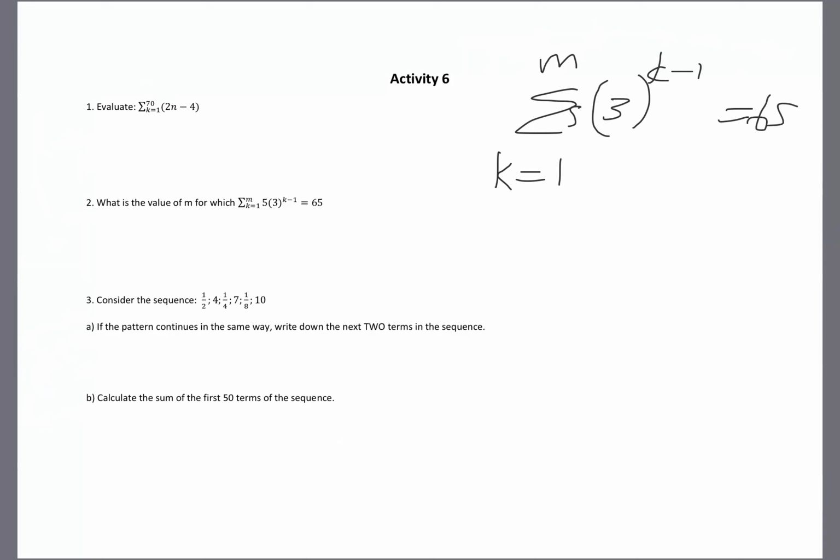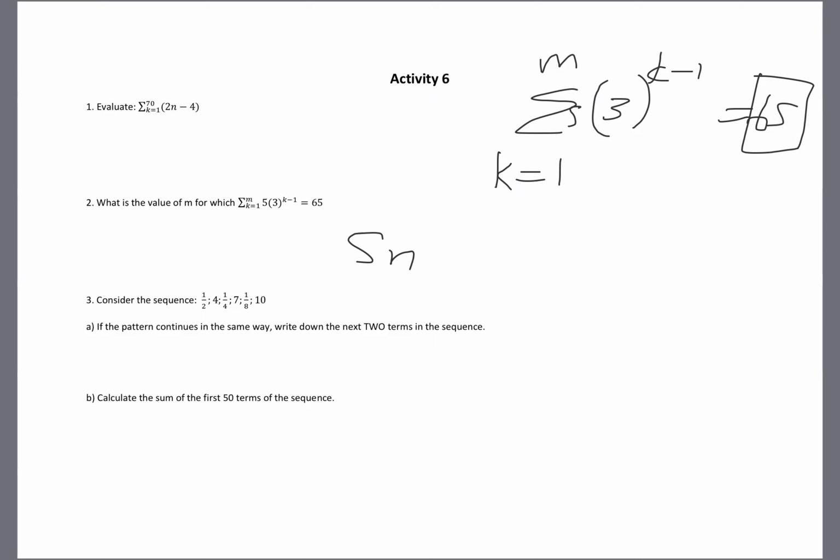So this 65 is my Sn. Do you see that? Yes, ma'am. That's my sum. So what am I basically looking for? I'm looking for my last term, which is my m. Do you see it? Yes, ma'am.